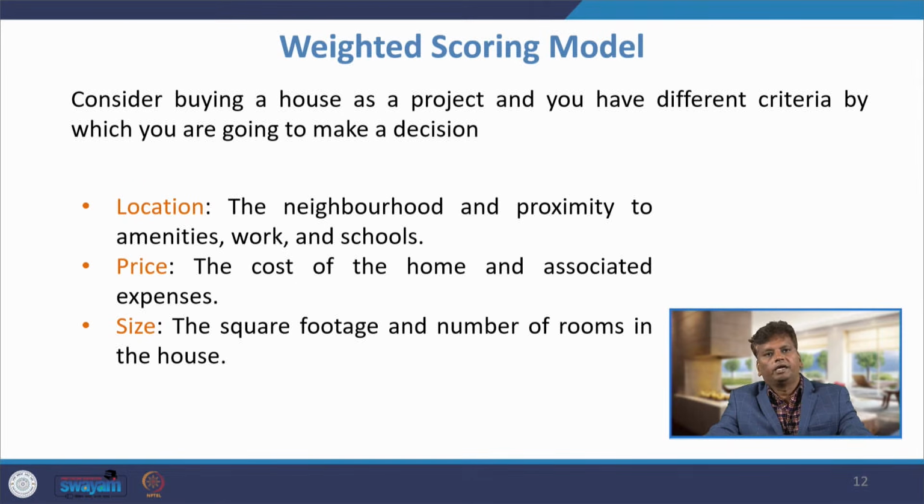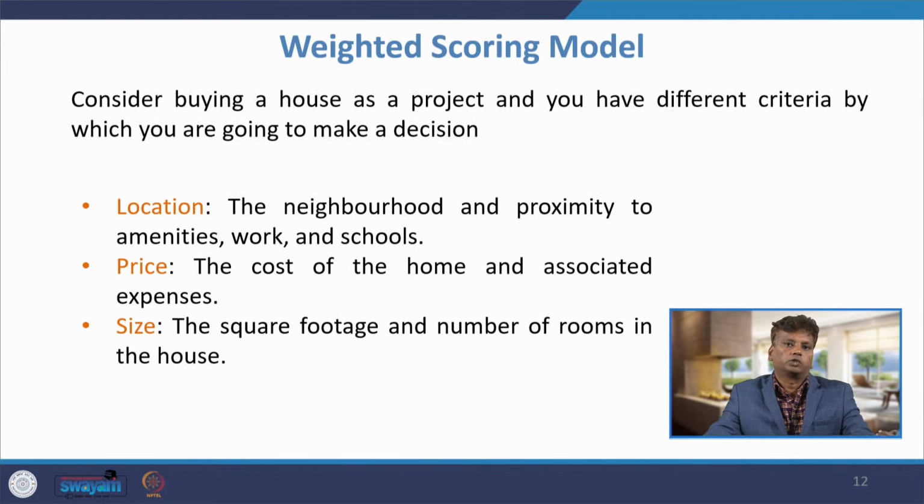Consider buying a house as a project. You have different criteria by which you are going to make the decision. For buying a house, the location is one criterion, that is the neighborhood and proximity to amenities, work and schools. The price is another criterion, the cost of the home and associated expenses.